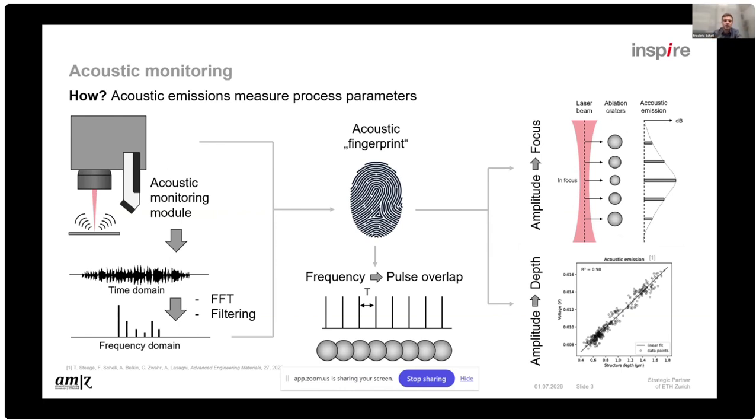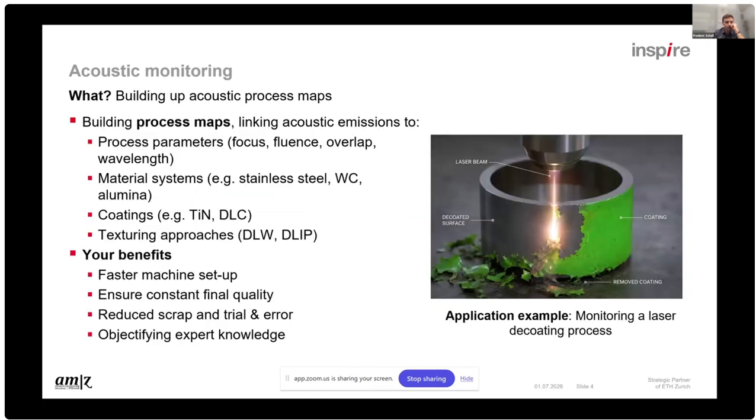For example, in the past, we've seen that frequency and pulse overlap, of course, correlate to characteristics of the signal, but also the focus of the process, as well as the depth of the structures fabricated by the laser, can correlate with the acoustic emission. And so we want to generate this acoustic fingerprint as a way to infer the quality of the process in situ.